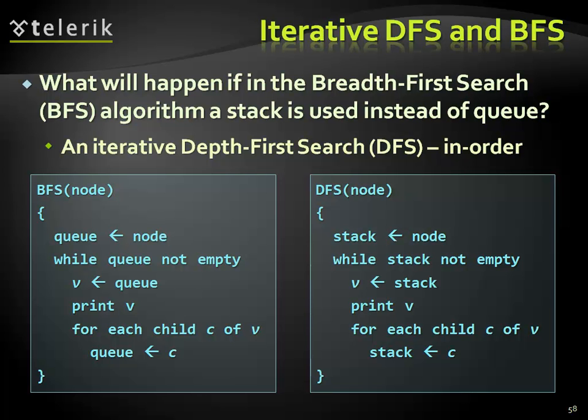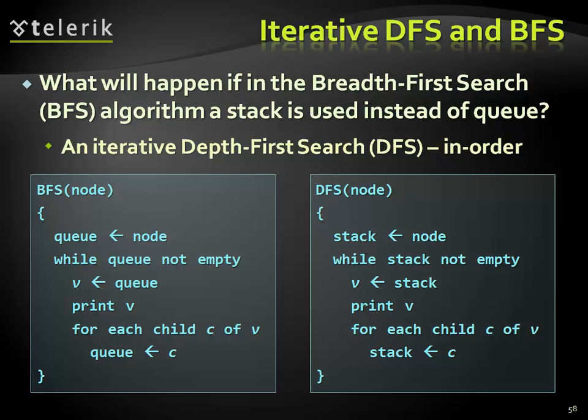Okay, so what happens if you use a stack instead of a queue in breadth first search? You probably already saw the answer. When you use a stack for a breadth first search, meaning that the first thing popped out will be the last thing pushed in, that means that you will actually have a depth first search.